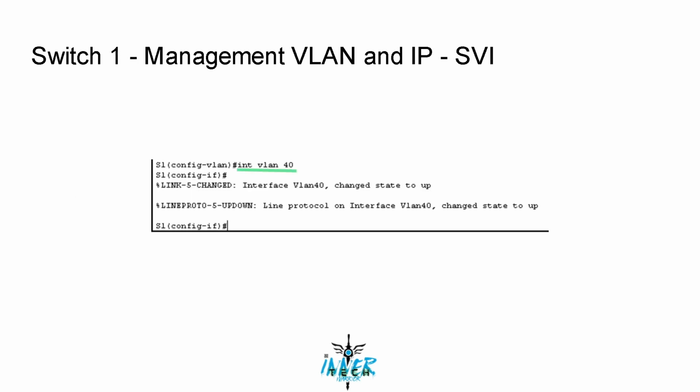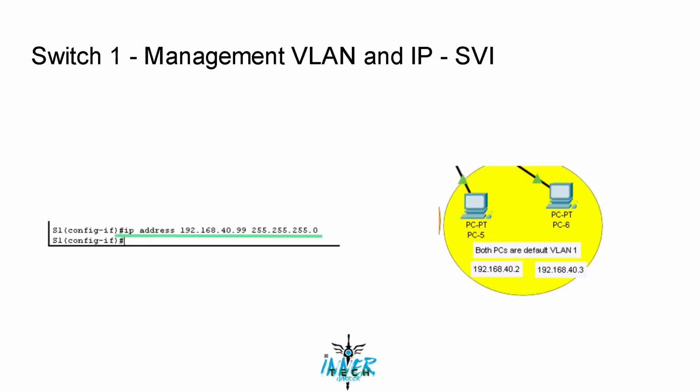So let's set up the switched virtual interface by going into configure mode of the SVI VLAN, which is VLAN 40, with interface vlan 40. Then let's apply an IP address in the same range as the IT VLAN 40 PCs, so only those IT PCs can access it.